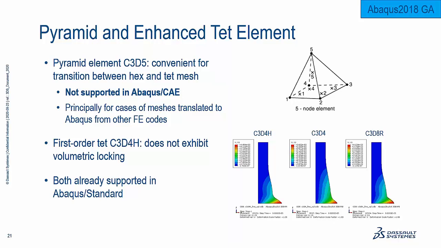The C3D4H adds a little bit of additional cost because the hybrid formulation allows for pressure as an independent degree of freedom in the analysis, but smooths out all of the volumetric locking that is evident in the C3D4 and gives you a very good computational result.